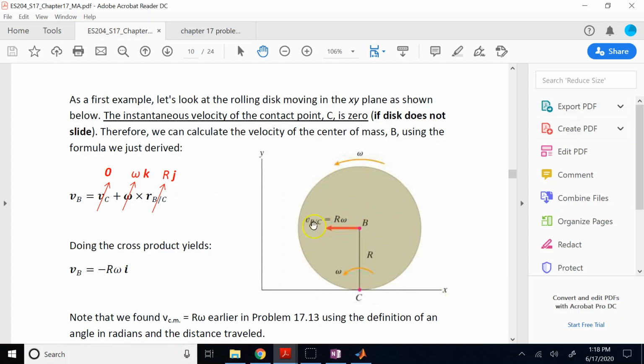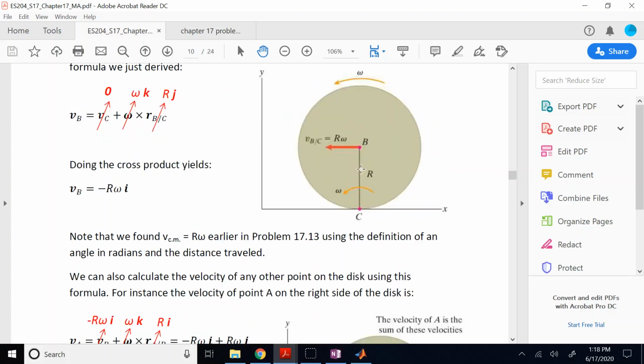and this disk is rolling without slipping. Without slipping means what? It means the contact point C has a momentarily zero velocity. It is stationary just at that moment that this picture is taken. And it is rolling to the left, and then what we want to find is basically the velocity of the centroid, and maybe the velocity of a point on the top, and so on and so forth.